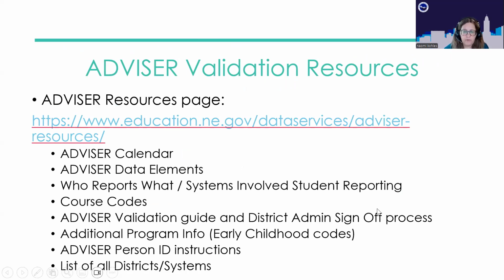We've got course code information, the Advisor validation and district admin sign-off guidance that I talked about. There's some additional program information like early childhood codes at this website. You've got your person ID instructions. And something I've had a request for recently is folks want to see what other school district names and their numbers are. That can be really helpful too.